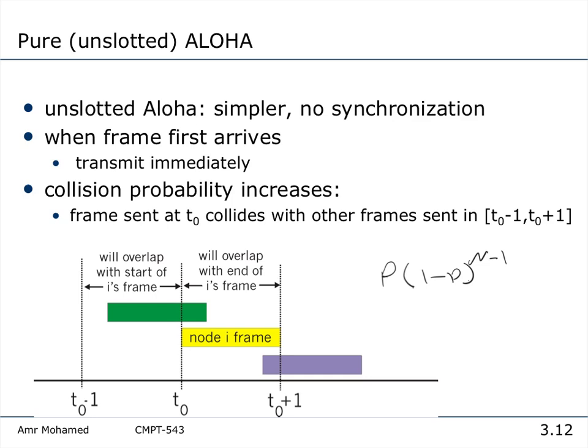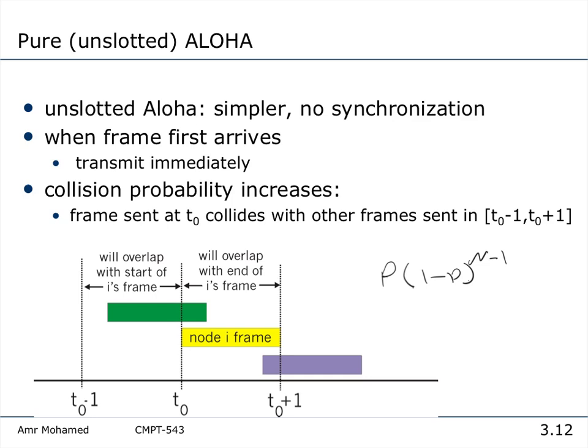So the source of collision comes from all the nodes that are trying to send while I'm transmitting, and all the previous nodes must finish transmission with no overlap. And it could be the same node, by the way.